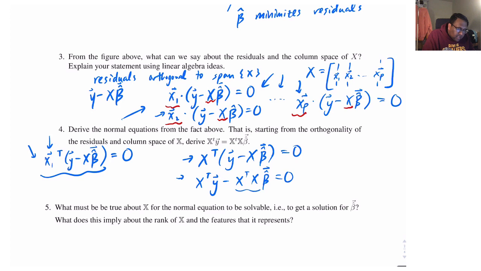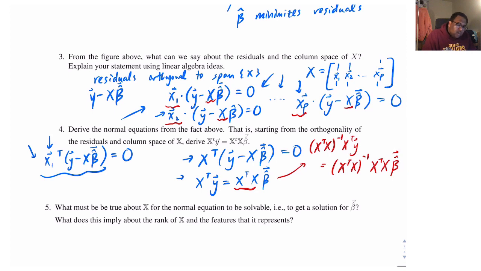Then I can add this second term to both sides of my expression, and I'll do that just by moving the equal sign over here to save space. So now I have X transpose Y is equal to X transpose X beta hat, as the question wanted me to derive. But again, we'll go one step further. To isolate beta hat, I can multiply both sides of this expression by the inverse of X transpose X. So I get that X transpose X's inverse times X transpose Y is equal to X transpose X's inverse times X transpose X beta hat.